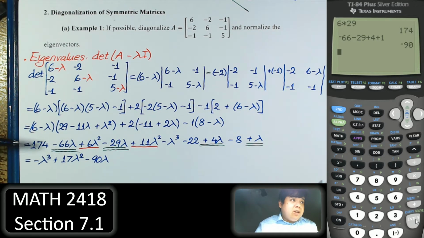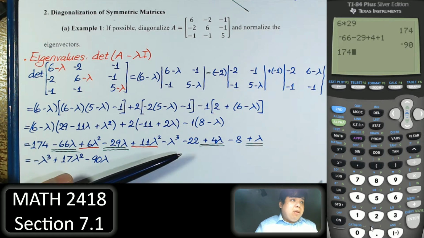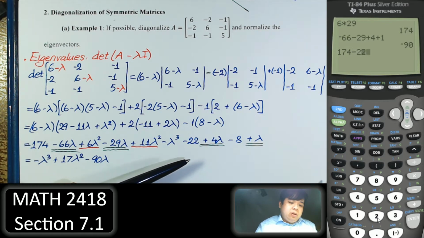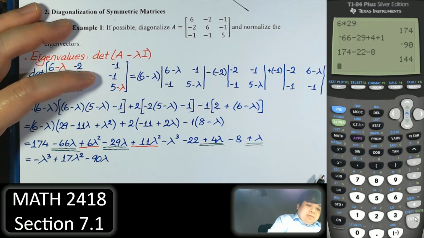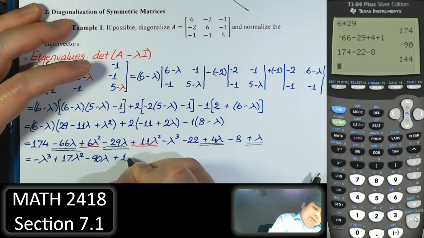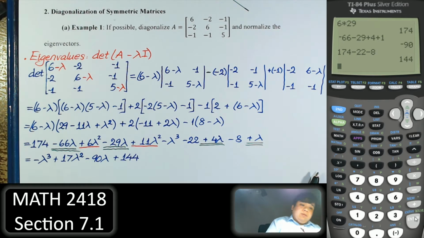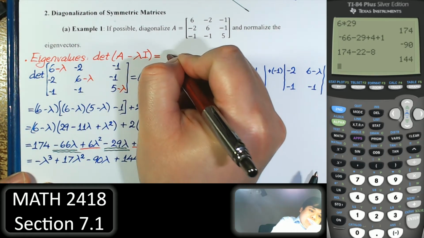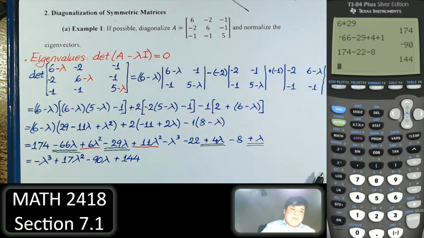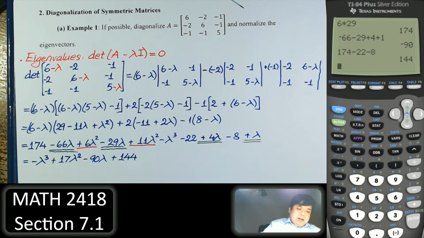For the constants, we have 174, minus 22, minus 8, which is 144. Right, so that is the characteristic polynomial. We of course solve the equation setting it equal to 0.